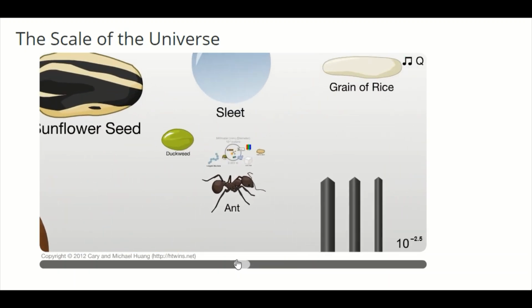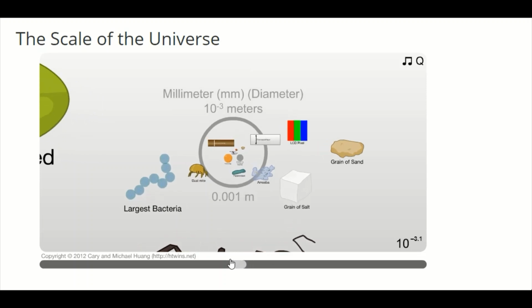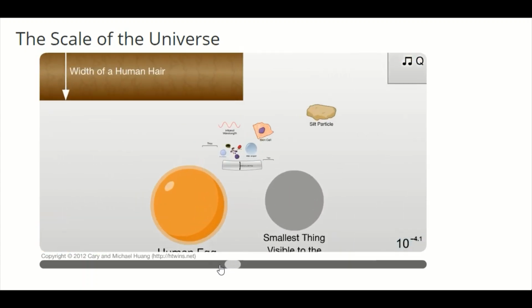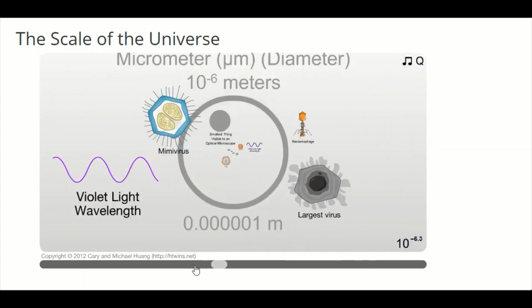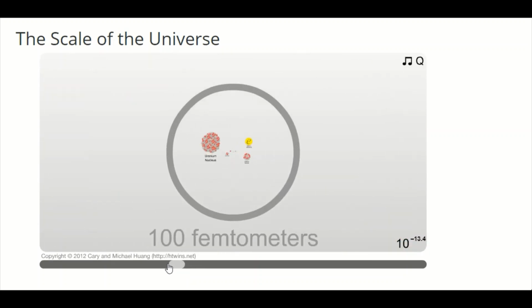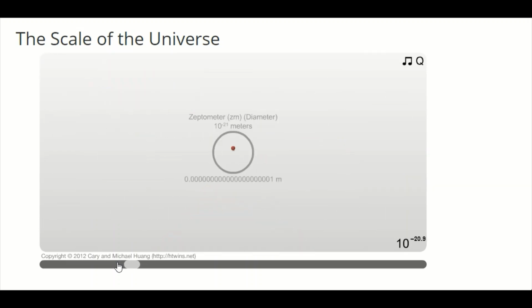So there's an ant, getting smaller and smaller into different kinds of particles. Width of a human hair, thickness of a piece of paper. We're now at negative powers around -3, -4, and if we keep going, you'll notice there's a long way on this scroll bar to go, right down into parts of atoms, splitting things up, getting smaller and smaller.